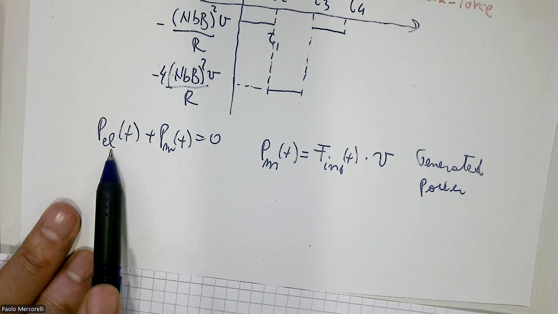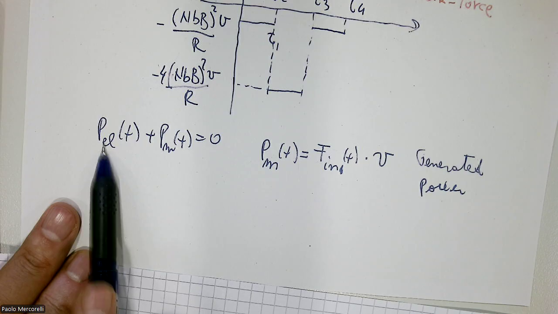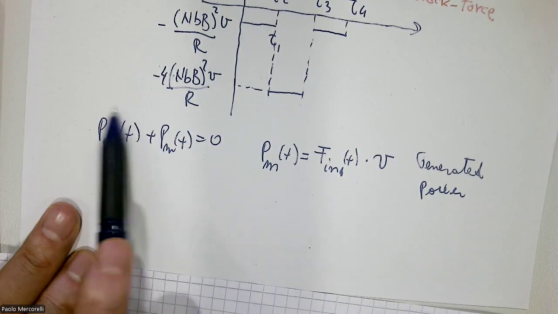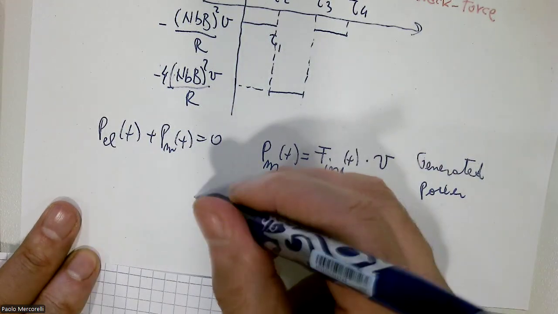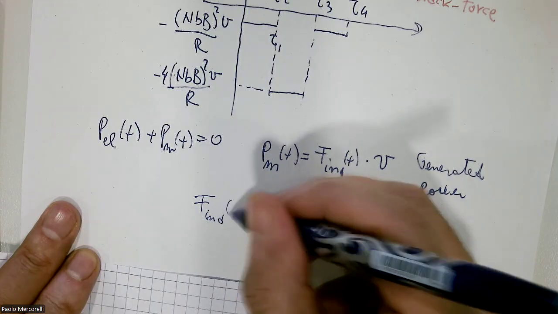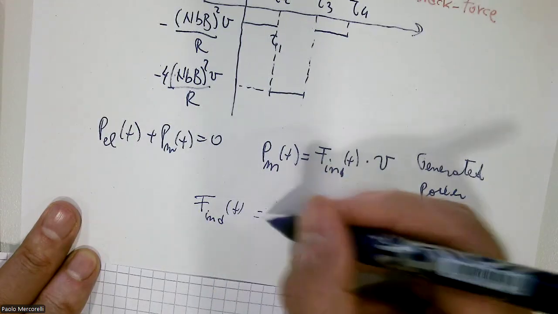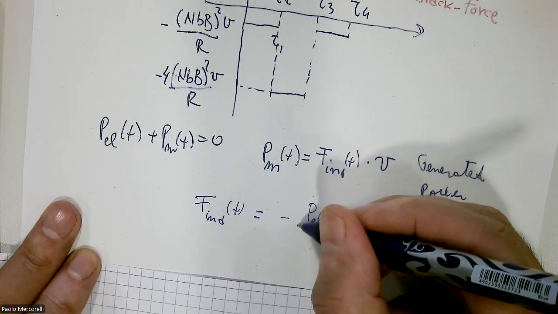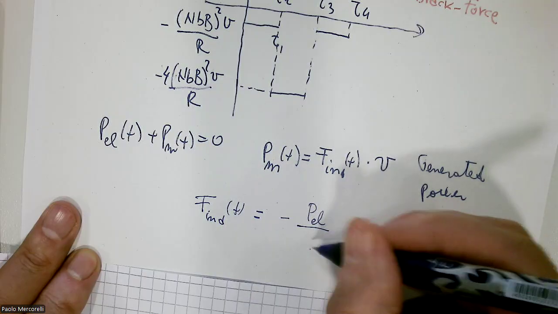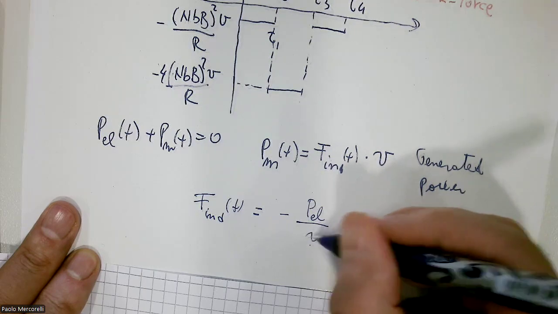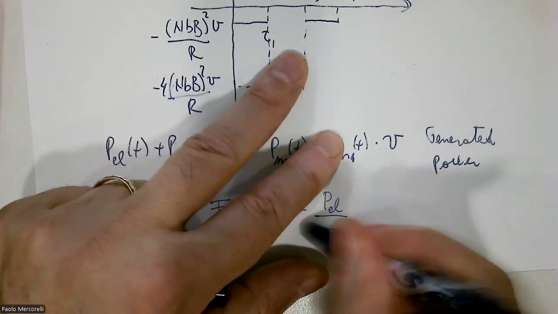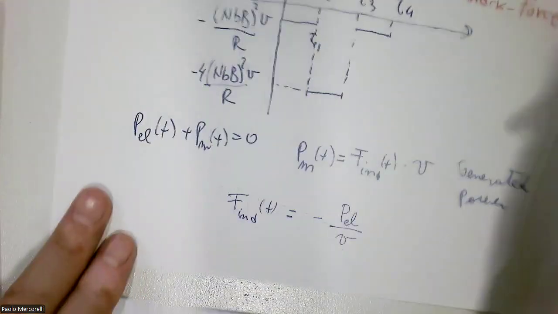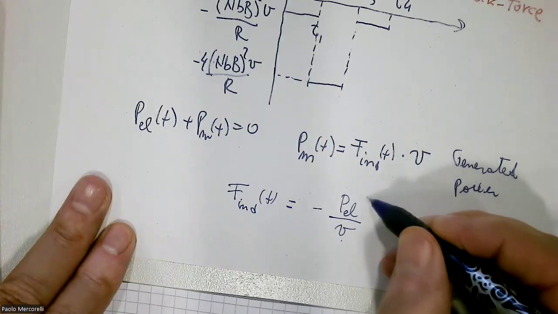In order to calculate now, the brake force is P electric divided by v. Probably this is the direct way to calculate this brake force: P electric over velocity.